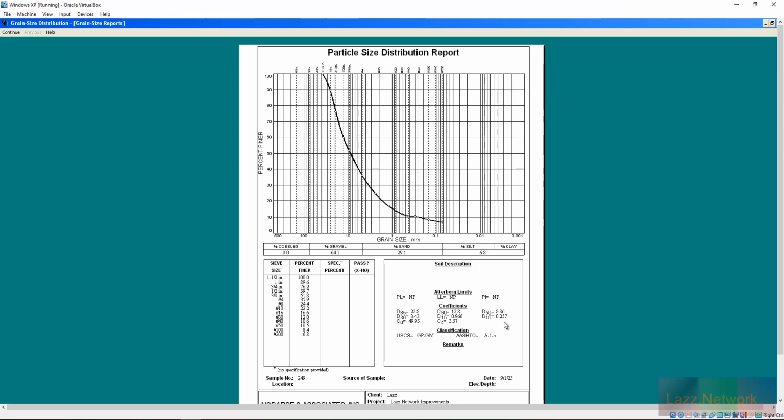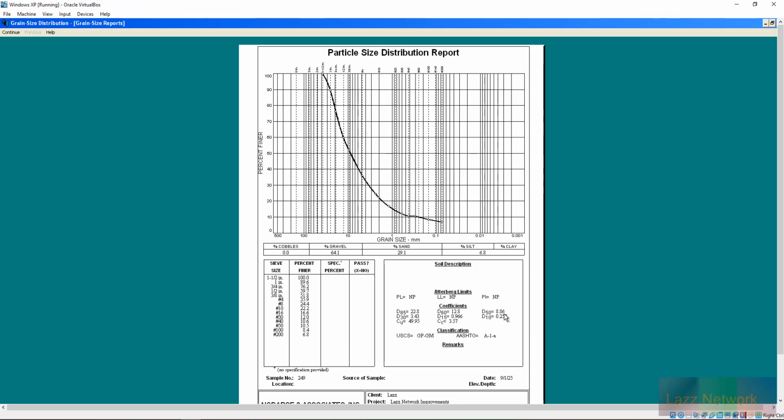Man, I guess it's because maybe because this had a hydrometer performed. Damn, there's not even a D90 here. So we got a D85, 22.8, that's right. D60, 12.8, that's right. D50, 8.86.